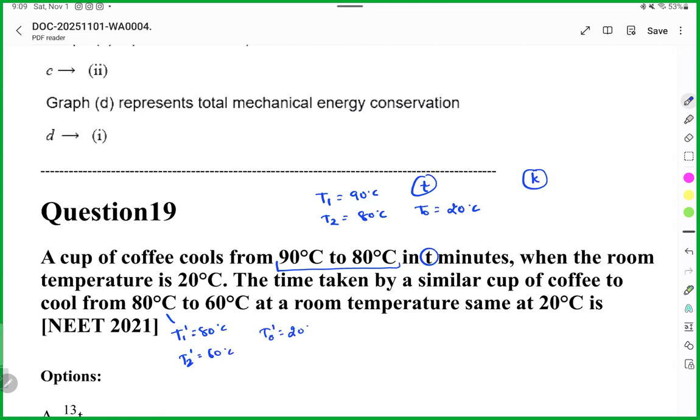What you have to calculate is the time taken by the similar cup, T dash, in the form of T. This is Newton's law of cooling. Topic name is Newton's law of cooling. Solve it and then tell me the answer.